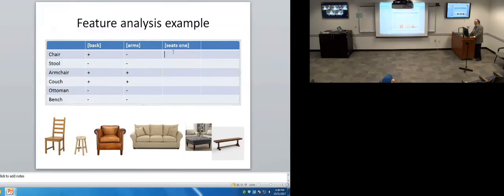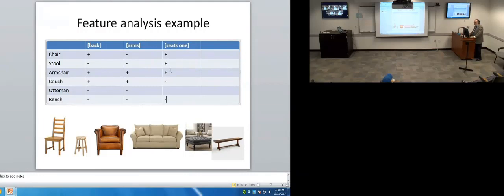All right, so a chair clearly seats 1. A stool, same thing. An armchair, yes. A couch, minus, right? It seats more than 1. A bench also clearly seats more than 1, right?